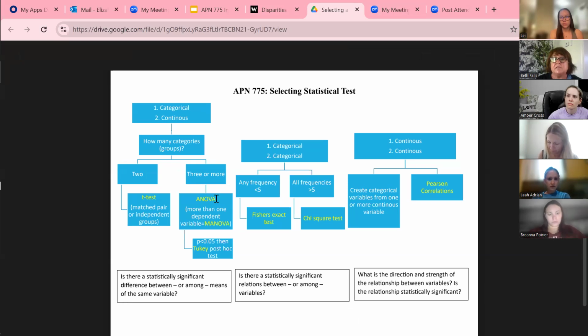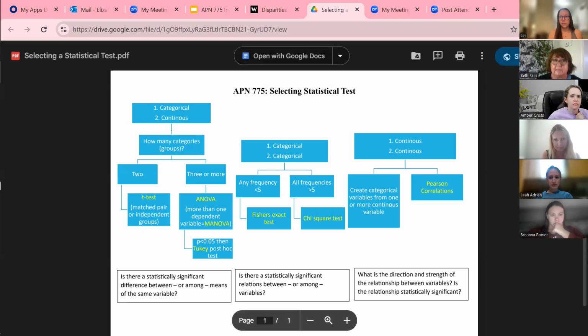Remember, if you run an ANOVA and you have a p-value less than 0.05, that means there's statistical significance. That means that among your 4 means, at least 2 of them are statistically significantly different from each other. Then you would have to run a post hoc test, and that will tell you which ones are different from each other.